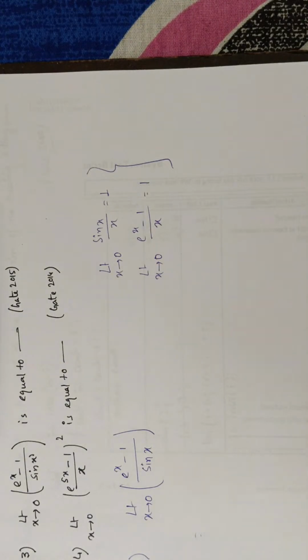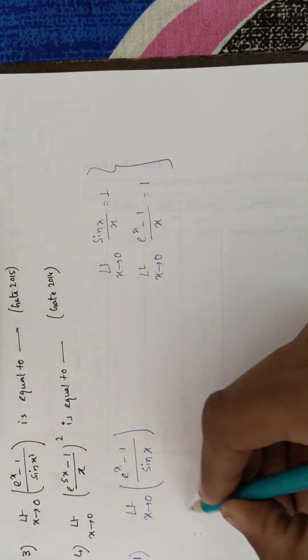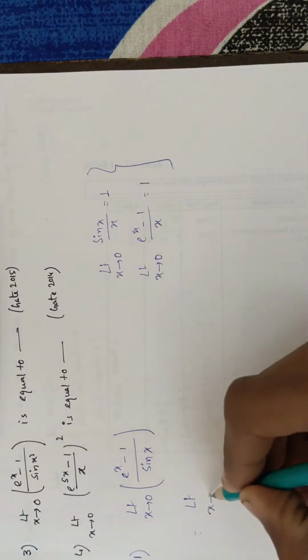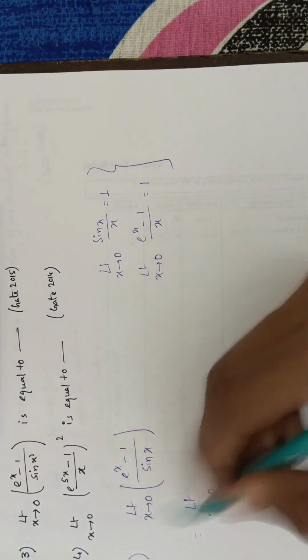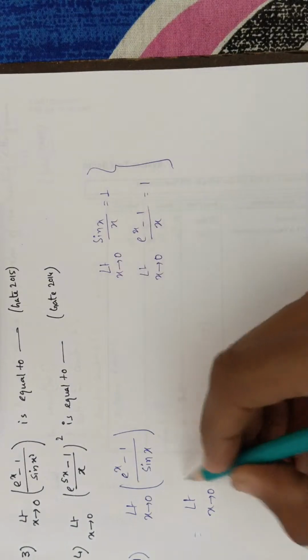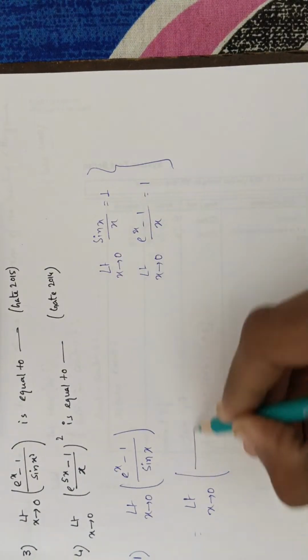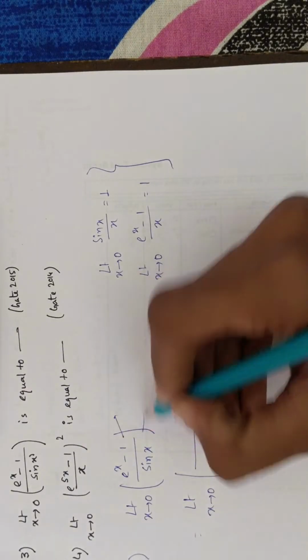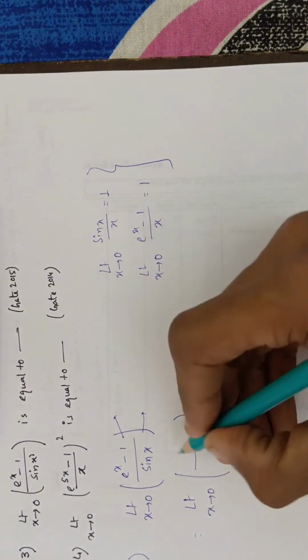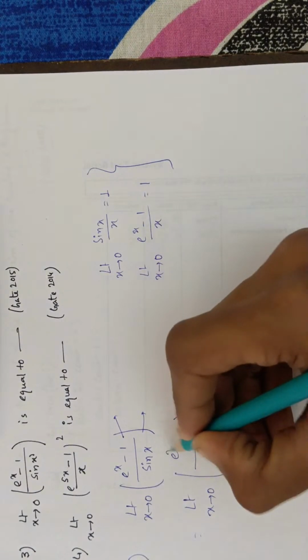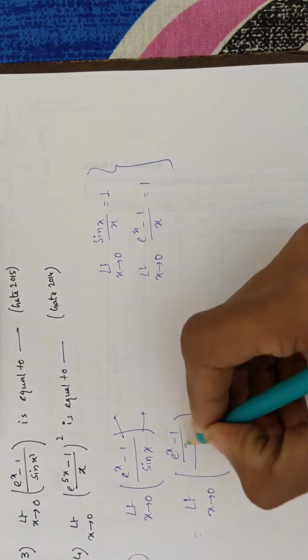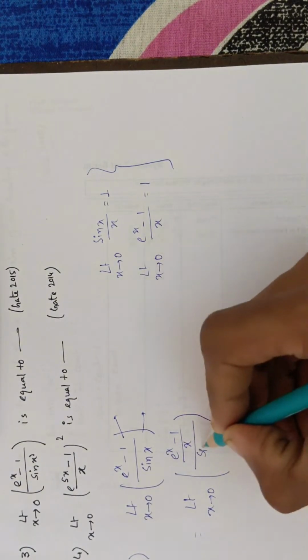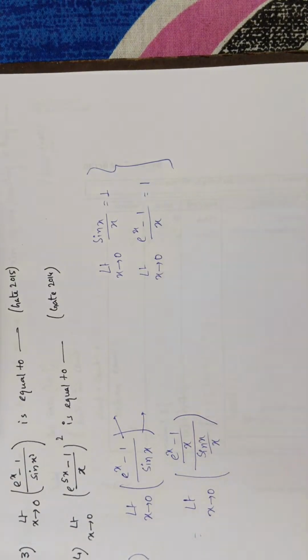For this, x is equal to 0, so we are trying to replicate these expressions. We multiply the numerator and the denominator with 1 by x, so we get e to the power x minus 1 upon x, upon sin x upon x.